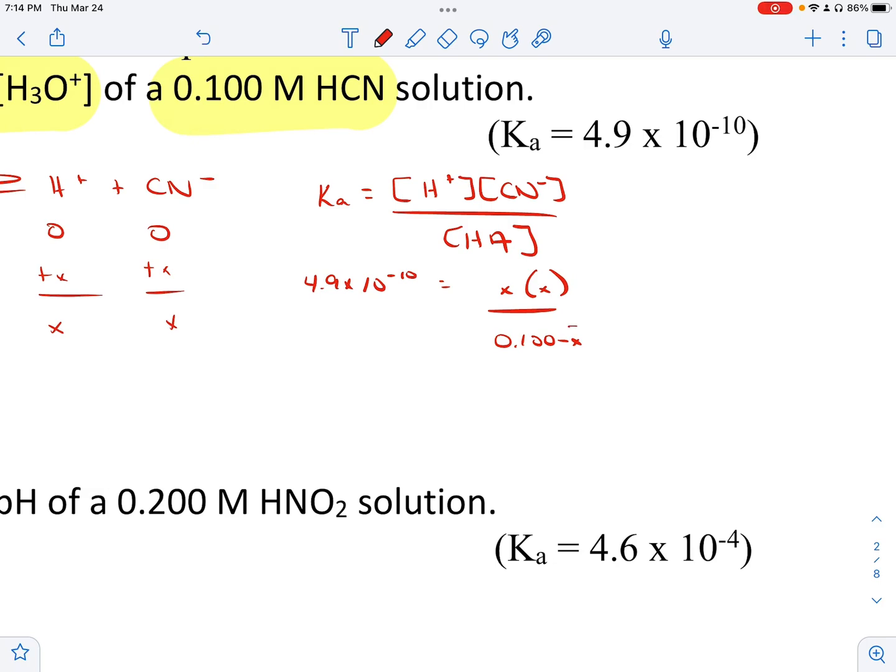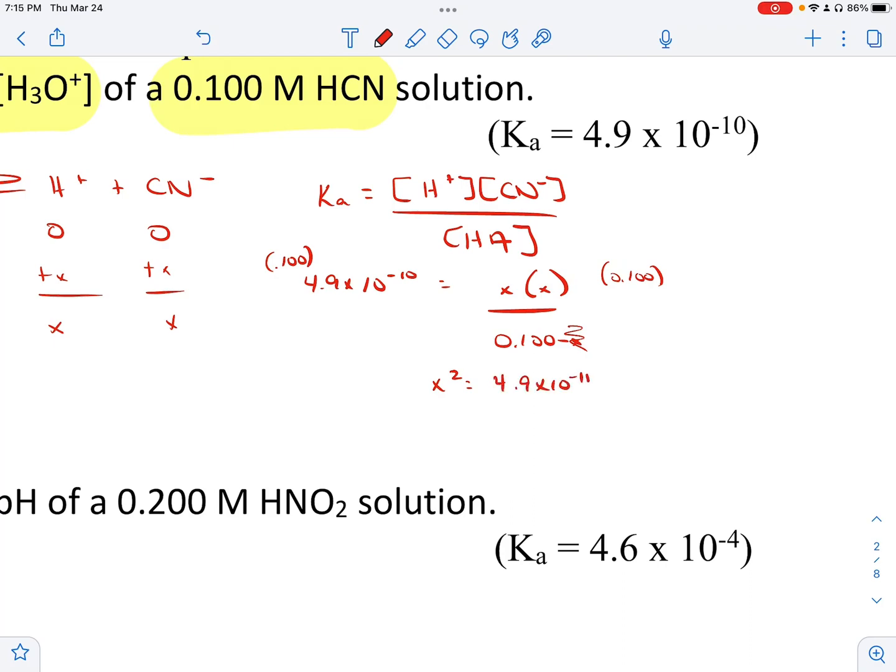Remember, these X's are going to be little things, so we can cross them out because they're very small. So multiplying across to the other side, we're going to take 0.10 on each side. And so we're going to have X squared is equal to 4.9 times 10 to the negative 11th.